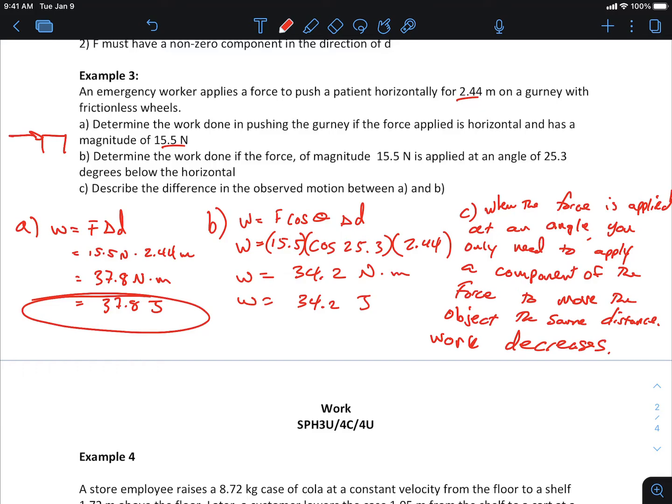Okay? And so the amount of work that the force you were applying is actually doing decreases because you're losing some of it to the y component. Whereas if you push on the horizontal, you're getting all of that force for the entire displacement.